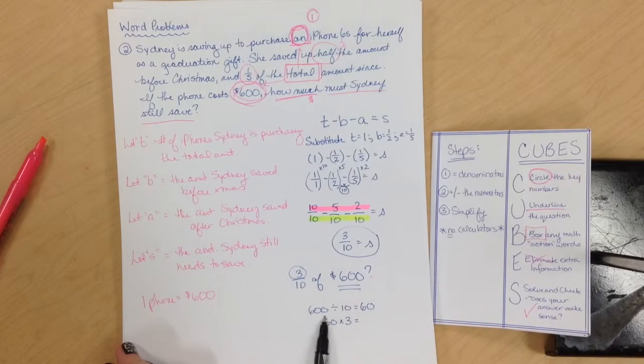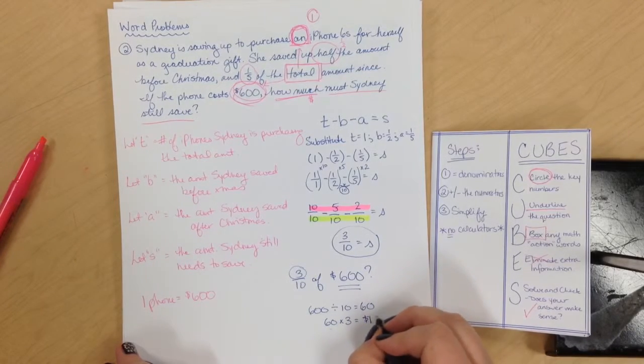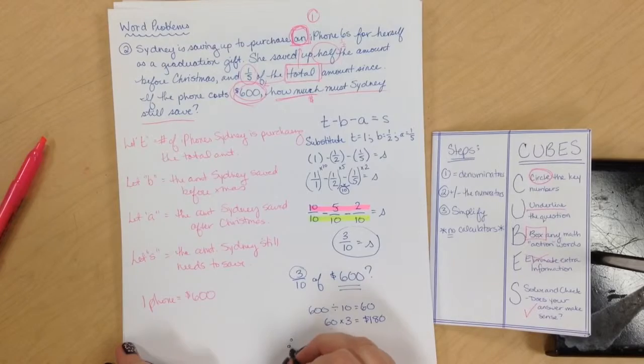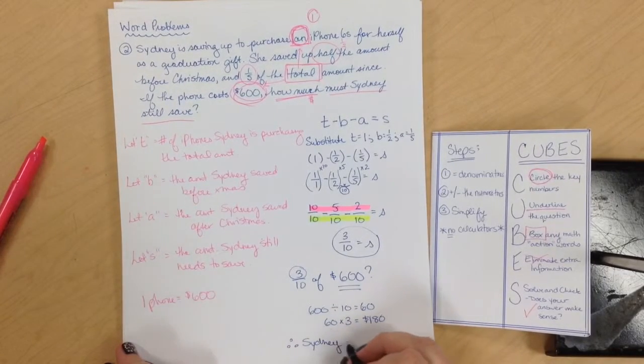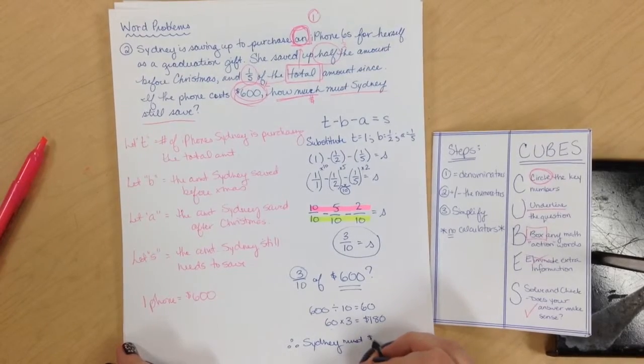So I've taken 600 divided into 10 equal parts, which is 60. And now to take the 60 multiplied by 3 because she has 3 of these equal parts, of these tenths. 60 times 3 is 180. So therefore, Sydney must save $180.